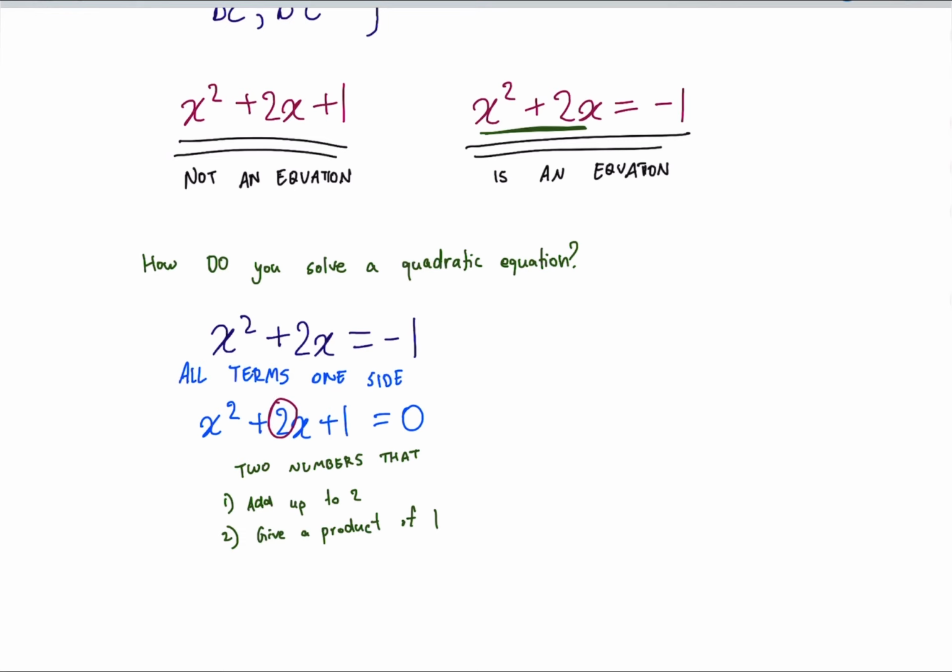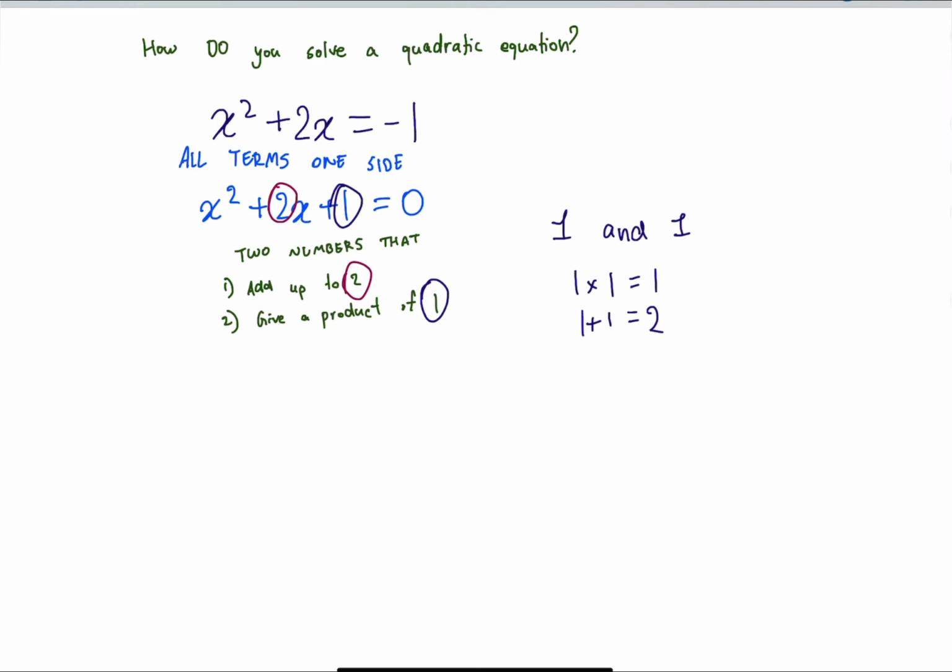So that's pretty easy. We're going to substitute the 2x as x squared plus x plus x plus 1. What I really did is x squared plus 1x plus 1x, but that's the same thing. Now we're going to simplify this by taking a common factor of x from the first two terms.